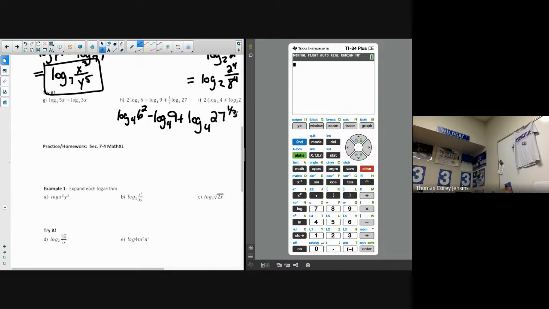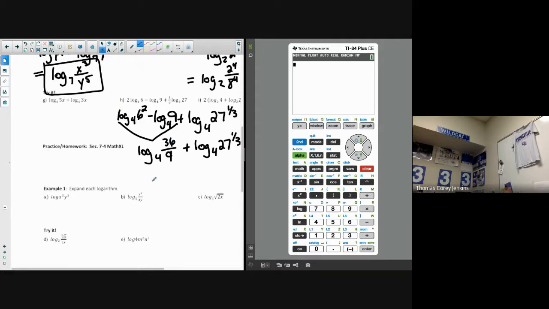All right, so now let's apply all of our rules. Remember, when we subtract, that means to divide. So when we do this part, we have log base 4 of 6 squared, which is 36 over 9. If we simplify this, 36 over 9 is just 4, right?